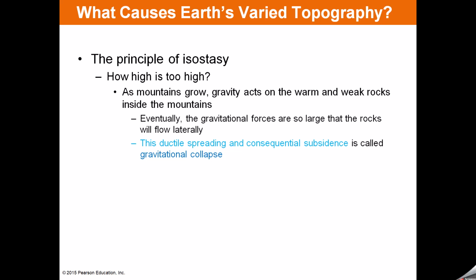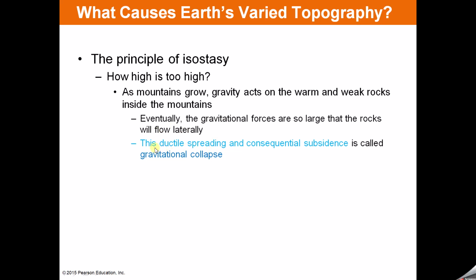What causes Earth's varied topography? The principle of isostasy. How high is too high? As mountains grow, gravity acts on the warm and weak rocks inside the mountains. Eventually, the gravitational forces are so large that the rocks will flow laterally.